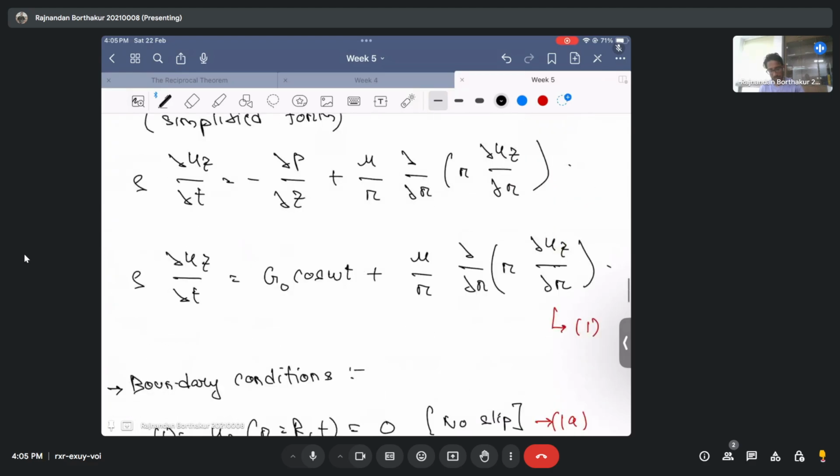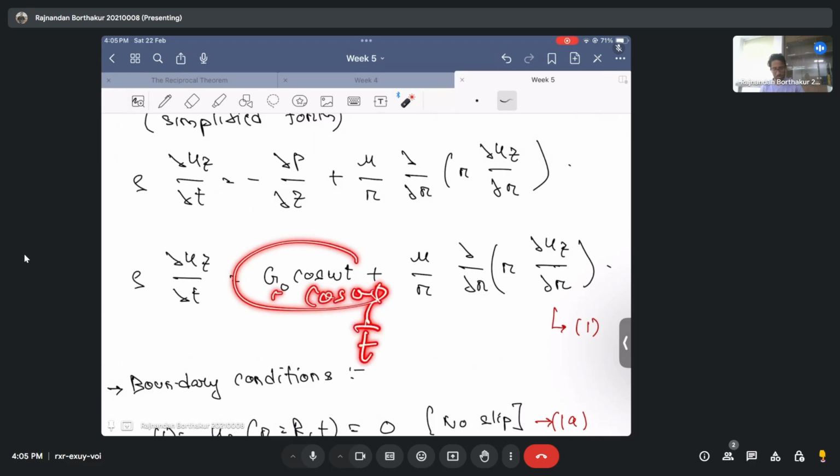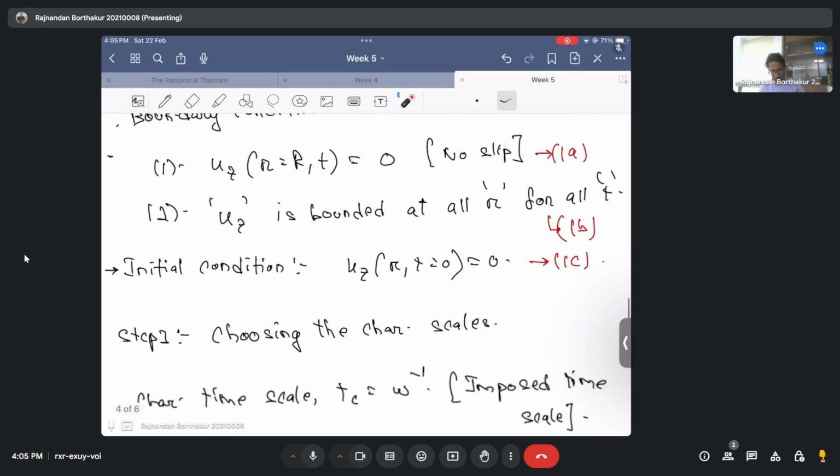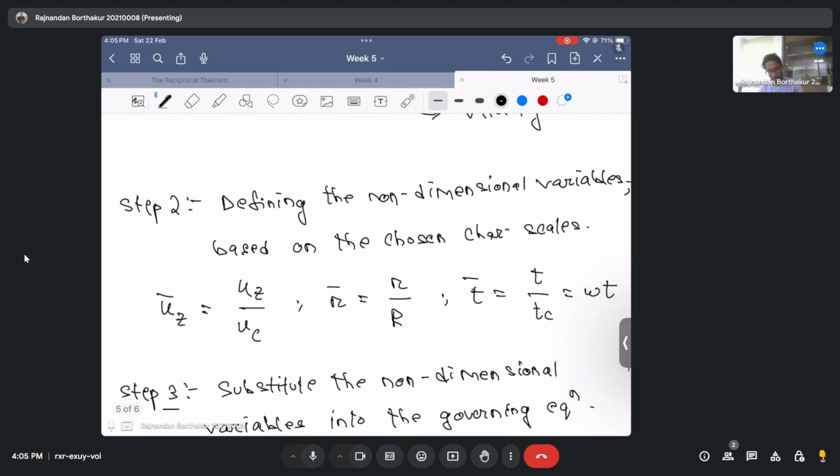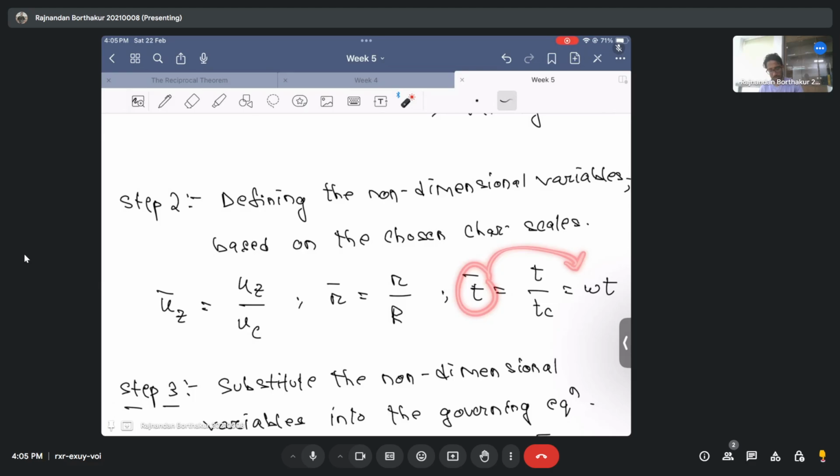For instance, the non-dimensional form of the term g naught times cos omega t would be just g naught times cos t bar, because we just now saw that t bar is nothing but omega times t.